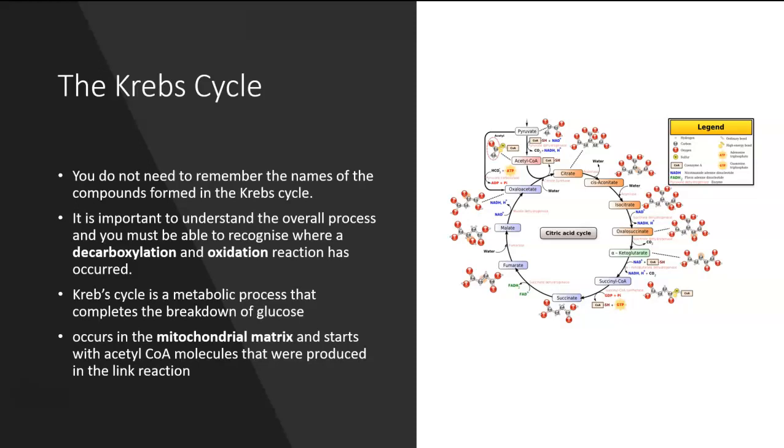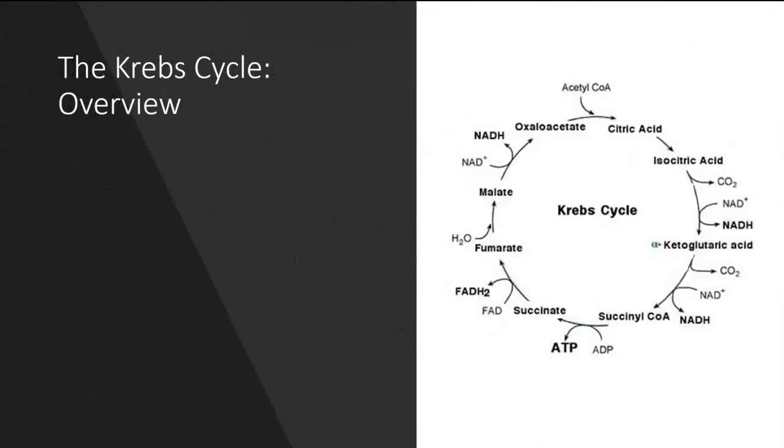The Krebs cycle is a metabolic process that completes the breakdown of glucose. It occurs in the mitochondrial matrix, which we'll look at later when we look at the parts of the mitochondria. And it starts with our acetyl-CoA molecules that were produced in the link reaction. I've said all that already, just not in as technical terms.